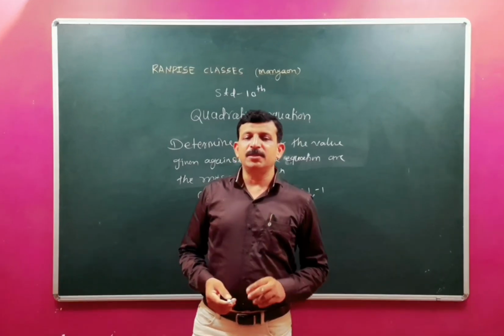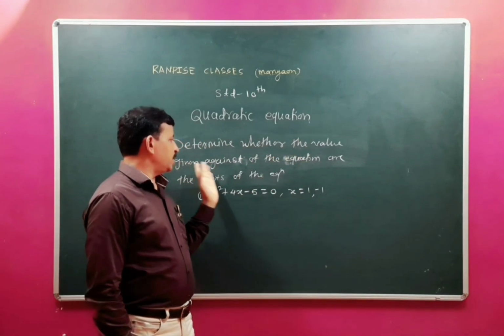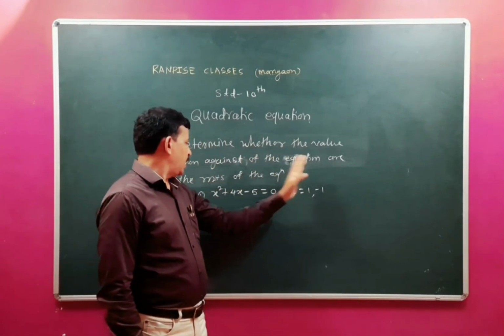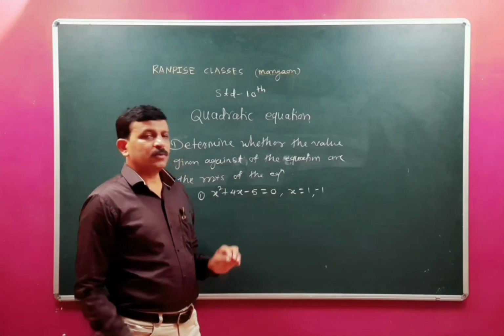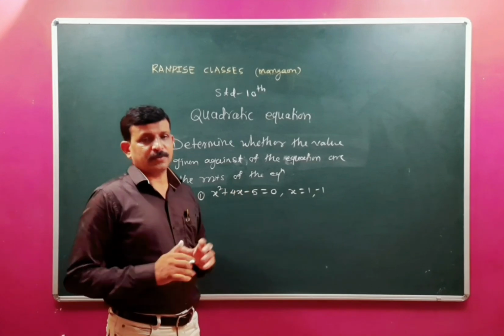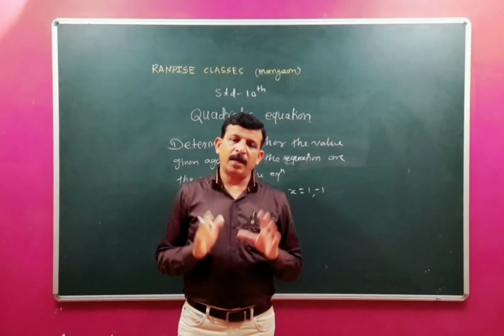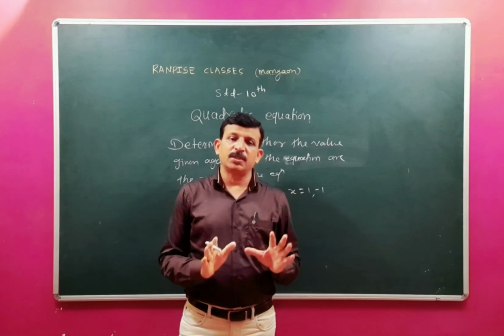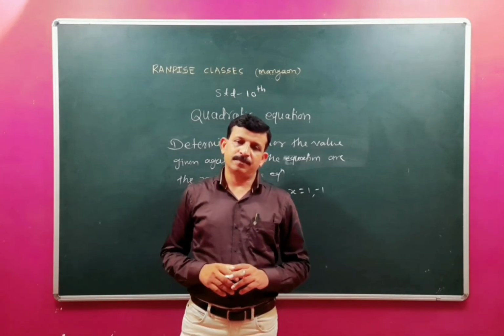Now the next point is to determine whether the given values of x are the roots of the equation. First, what is the meaning of roots? Those values of x which satisfy both sides of the equation are the roots of the equation.